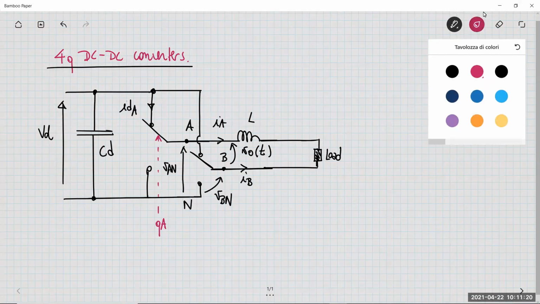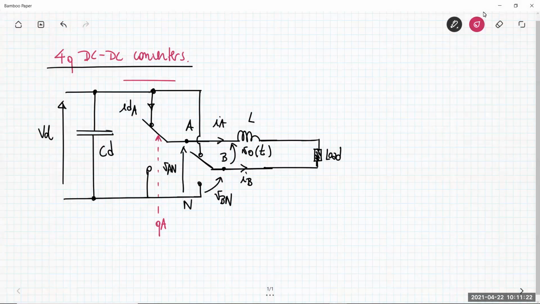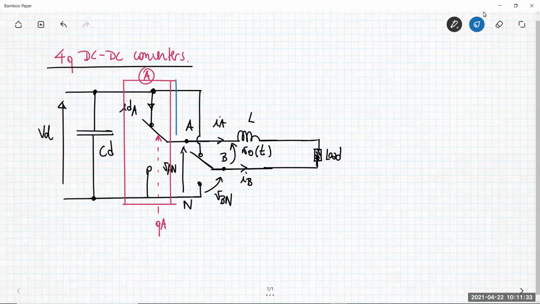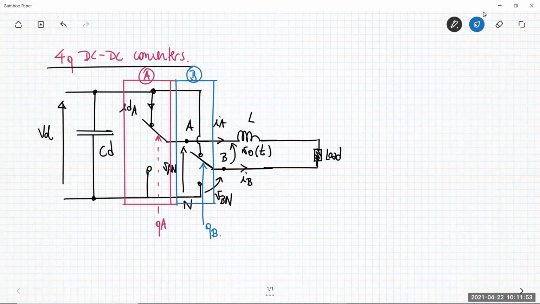One is called A, and the other one is called B. This is the switch A, and then we have also the switch B. Of course, now we need two different control signals: QA for the switching power pole A, but then we also need another unitary switching function QB for the B switching power pole.